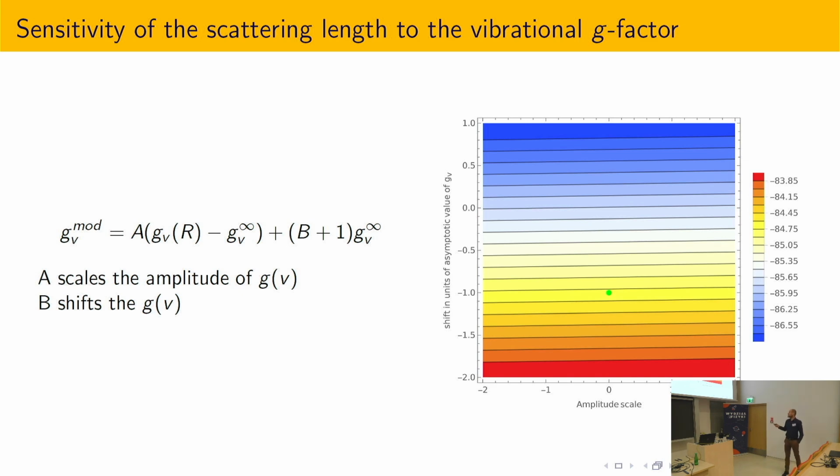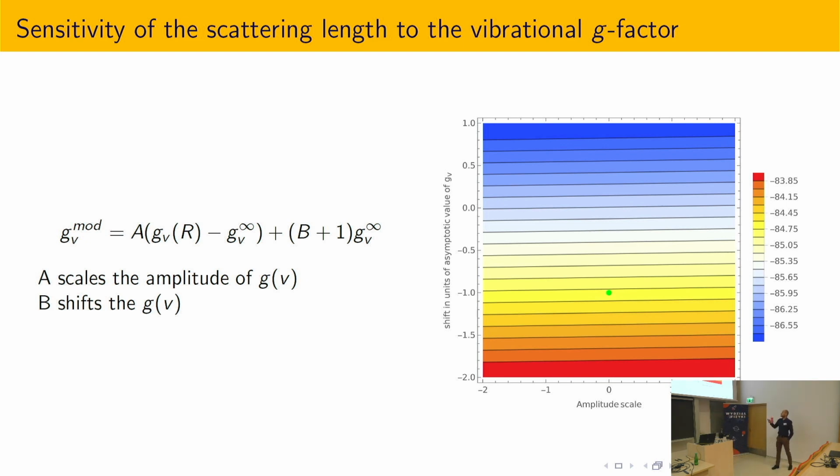And as you see here, the scattering length is not very sensitive. All those lines are more or less horizontal. This is not very surprising because the nuclear wave function, at least for S-wave, has small amplitude at short range.